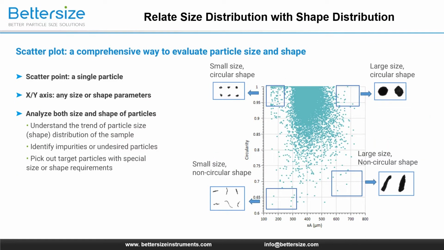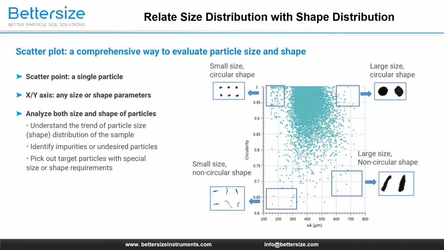Another benefit provided by the image analysis method is the particle scatter plot. Since the image analysis method calculates the size and shape parameters of every single particle, it is possible to do a scatter plot to present the relationship between the particle size distributions or particle shape distributions.